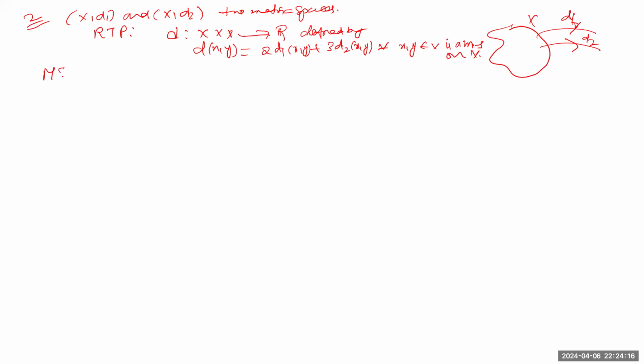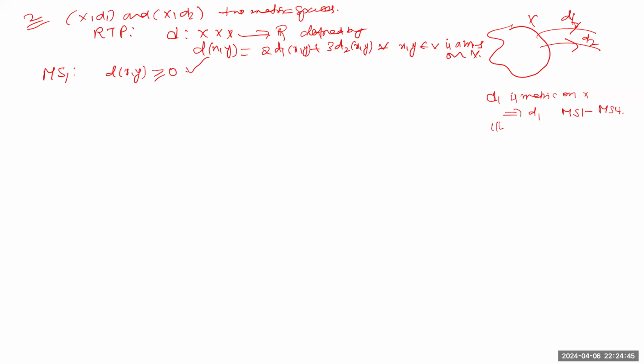So the first one, MS1: d of x comma y is greater than or equal to 0. It is true. Why? d1 is a metric on X, which implies d1 satisfies all metric axioms MS1 to MS4.